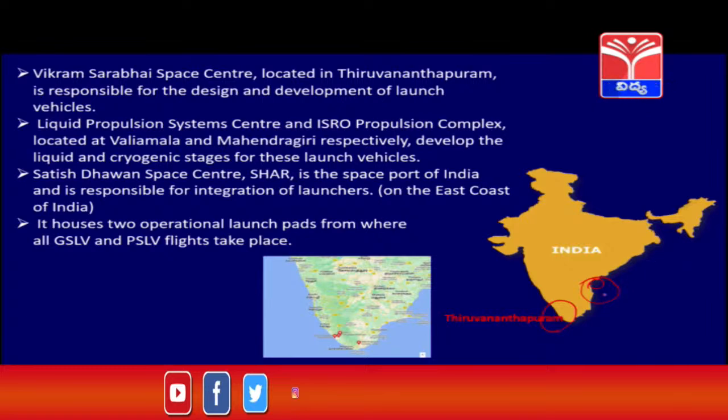So we all know that the earth revolves on its own axis from west to east. So this is west and this is east. Earth moves from west to east, right? If we want to launch a vehicle, we should launch it in this direction itself. If you send the satellite the other way, then what happens?